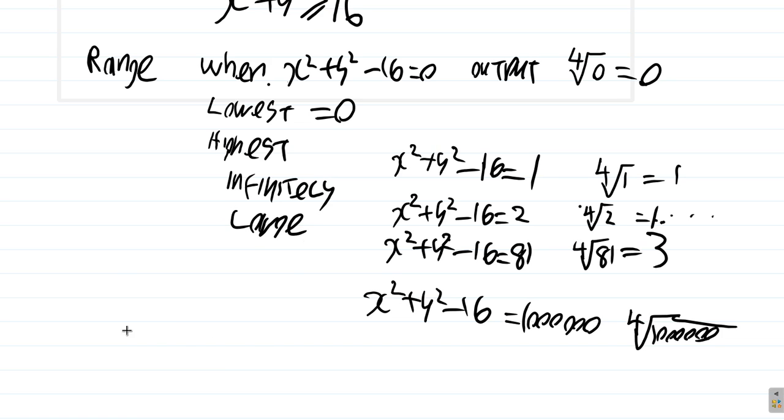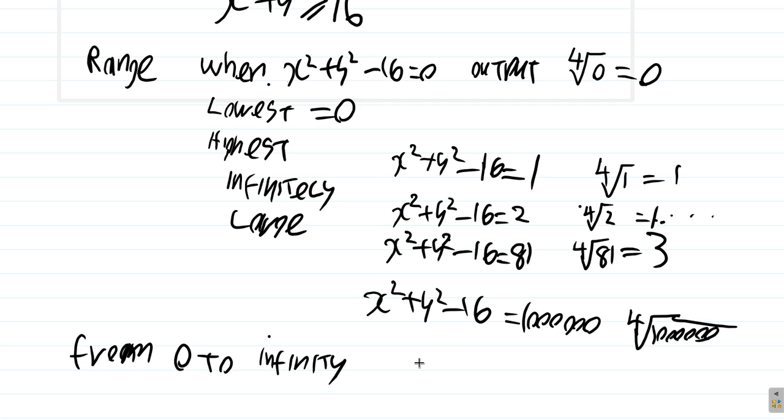So the range is from 0 to, well, we're going to say infinity, but the argument is that there is no specific number that you point to and say that is infinity. So it's an infinitely large number. If you say infinity, it means it goes on and on.